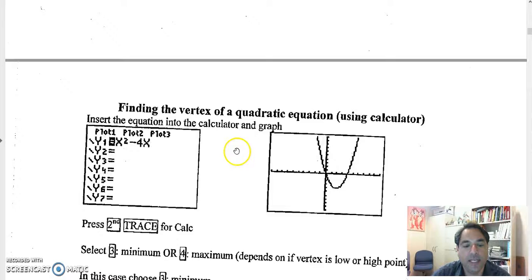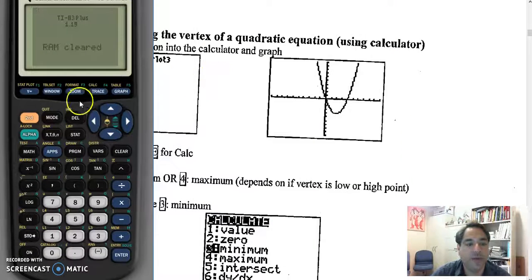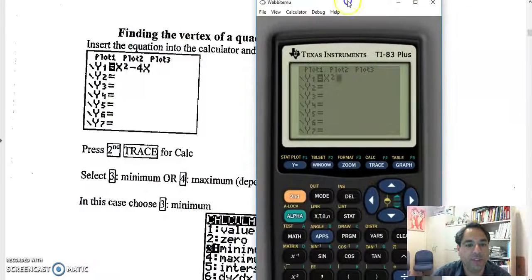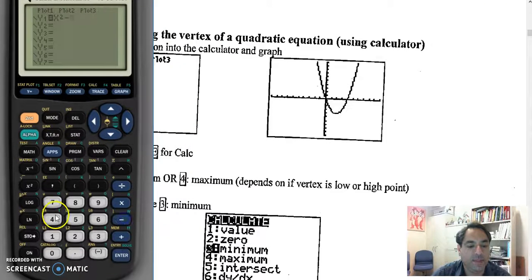Good practice for you. And then we can also do it in the calculator. So I'm going to bring the calculator over. If I wanted to graph that one, I'm going to go to y equals, put x. You can put raised to the 2, or you can use the squared. Make sure we have the right equation, which is x squared minus 4x.